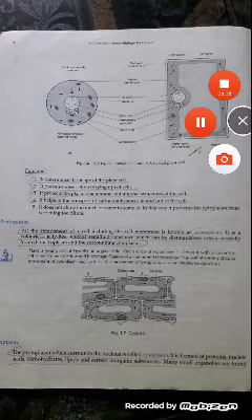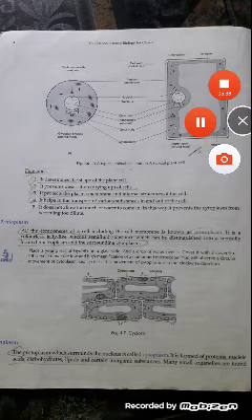Now, let us say something about cytoplasm. The protoplasm which surrounds the nucleus is called cytoplasm. It is formed of proteins, nucleic acids, carbohydrates, lipids, and certain inorganic substances.